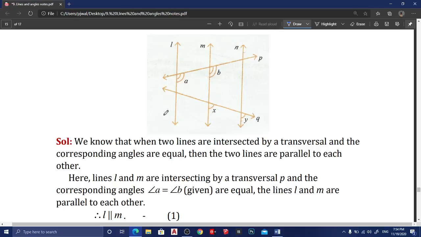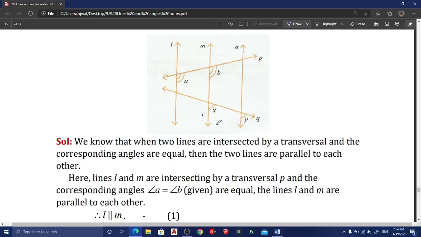Since these two corresponding angles are equal, L is parallel to M. You can tell that these two lines are parallel to each other. But you have to prove that L is parallel to N. Up to now, you have proved that L is parallel to M.